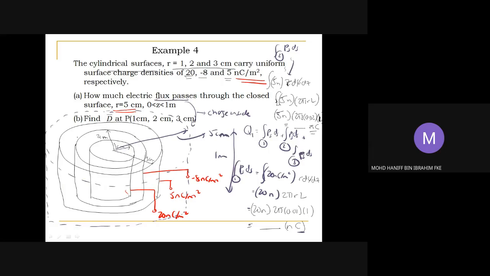This is the charge amount at surface number 2, which has a radius of 2. Do the same thing for surface number 3. Sorry for my mistake, because what I did just now was use a spherical surface. Any questions for part A?